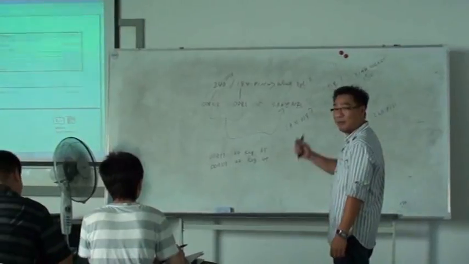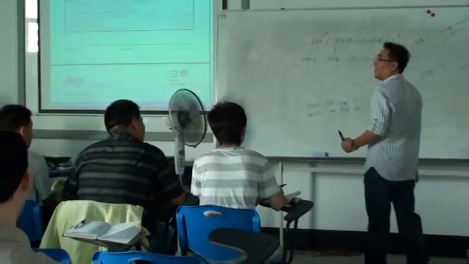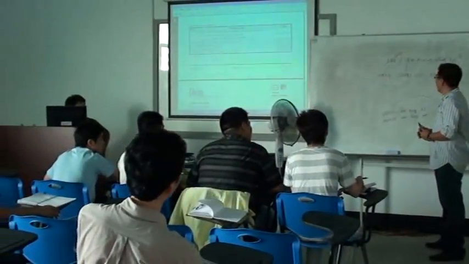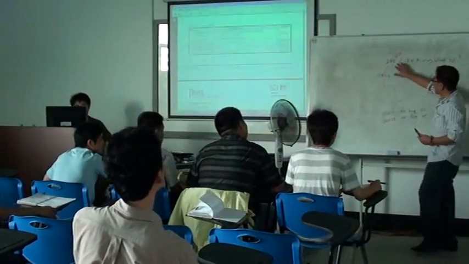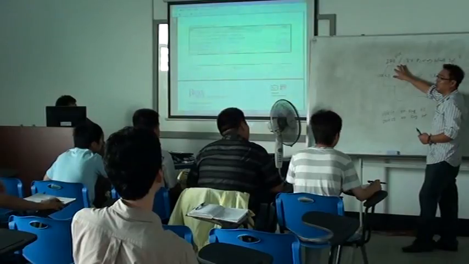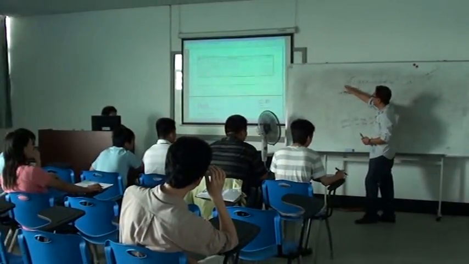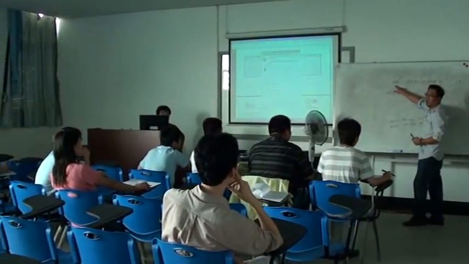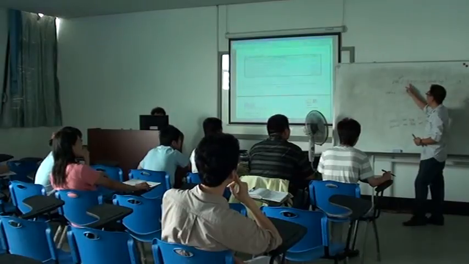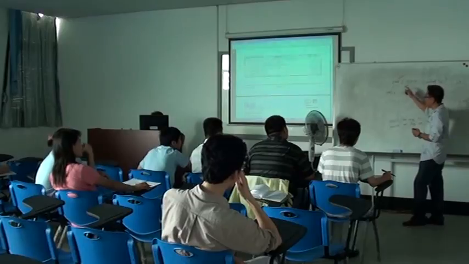Okay, you count. That's correct. So the difference between DDR1 and DDR2 and DDR3 is that DDR2 and DDR3 have 240 pin, and DDR1 is 184. Okay? DDR1 is 184.